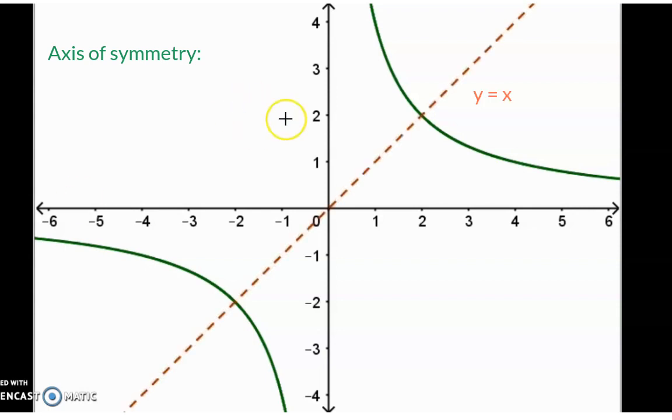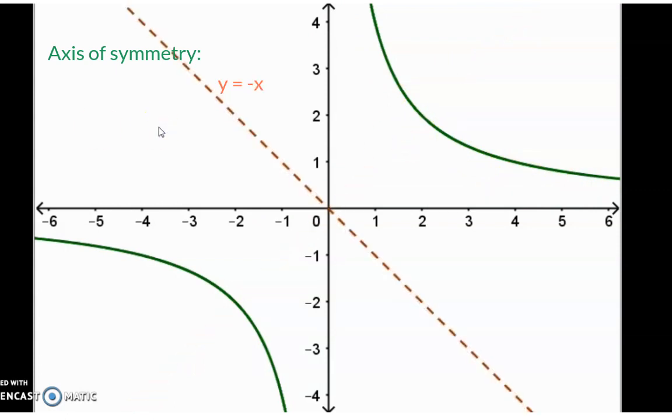When you fold the function on this line, you will see that the top part fits exactly on the bottom part. Next, we can go and draw the line y is equal to minus x. And here you'll see that the top half of the hyperbola fits perfectly on the bottom half, which is its mirror image. So, the hyperbola has two axes of symmetry.